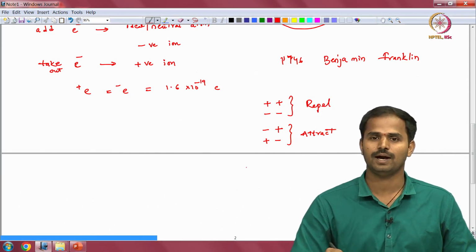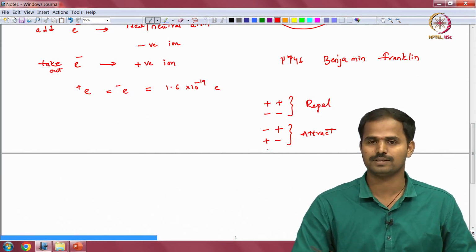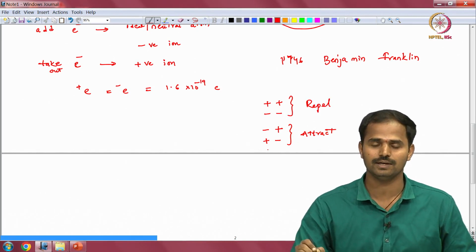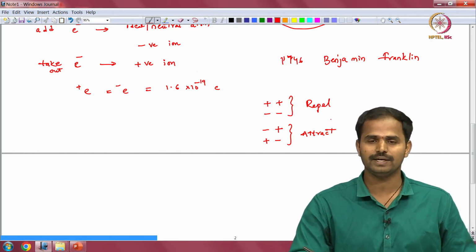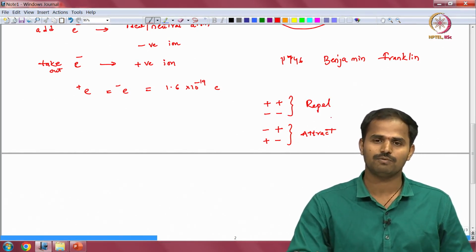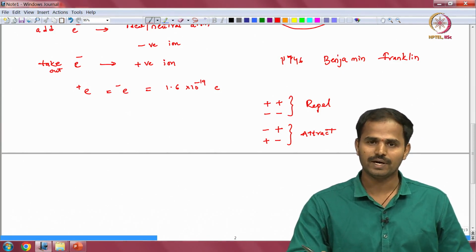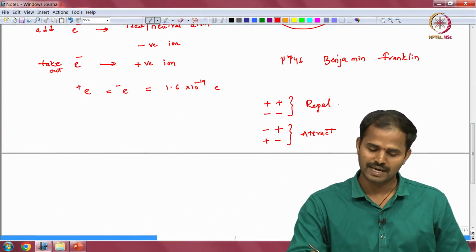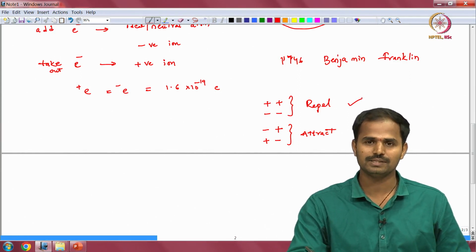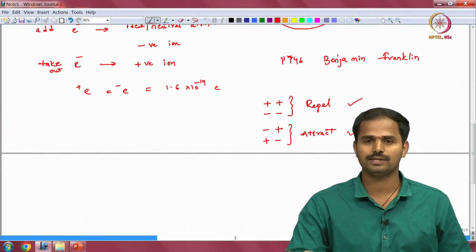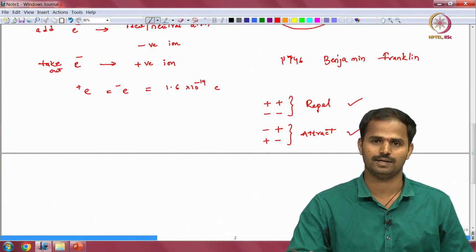Based upon his findings with the one fluid theory, he concluded that same polarity charges repel and opposite polarity charges attract.